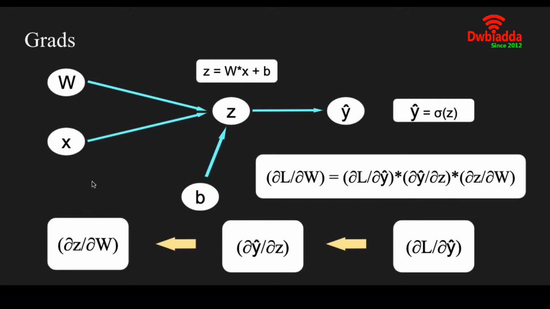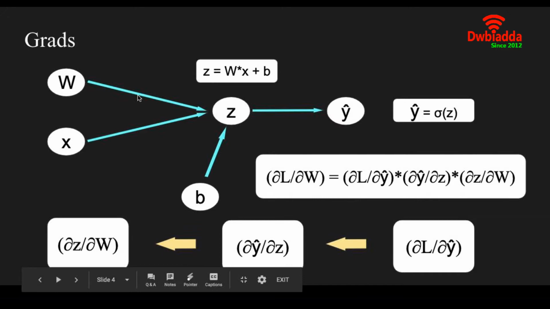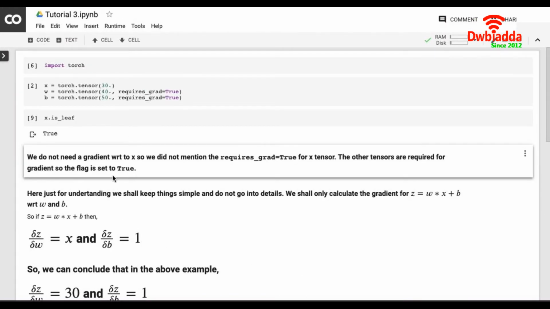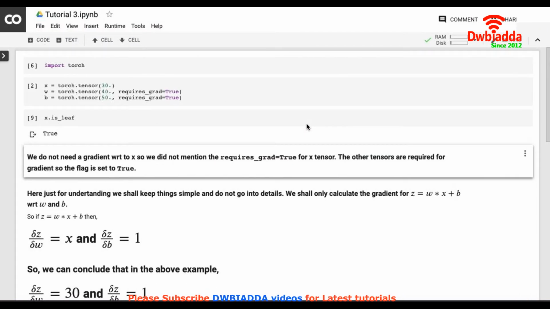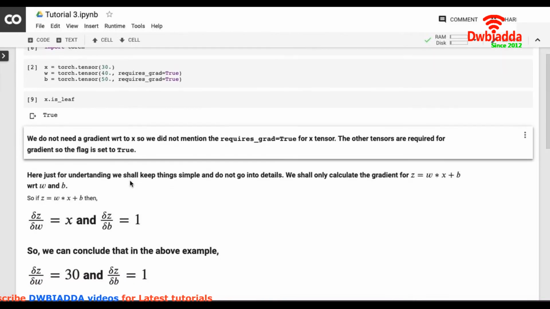So all of these are leaf nodes. And in this case, we are not going to go further and put z through a sigmoid function, otherwise z would become a leaf as well. We are going to keep things simple and show how autograd calculates the partial differentiations.